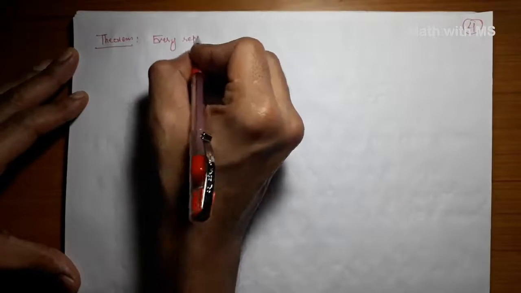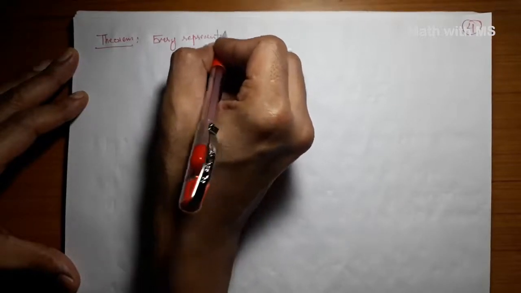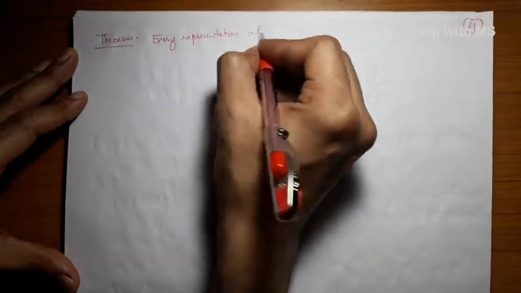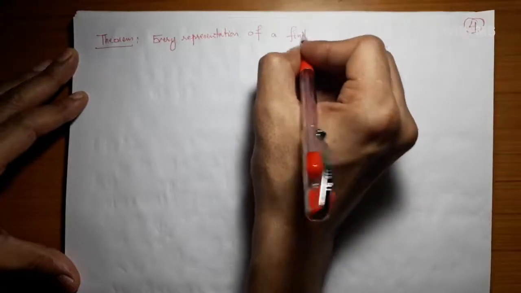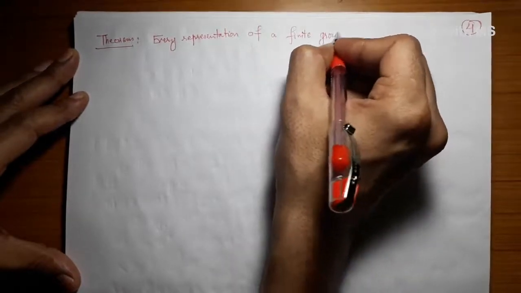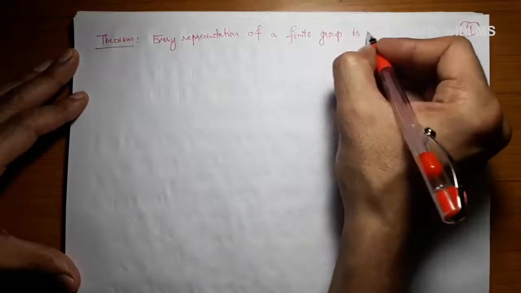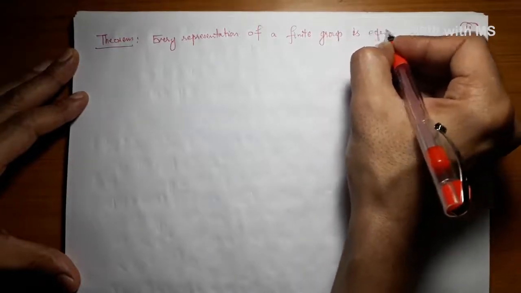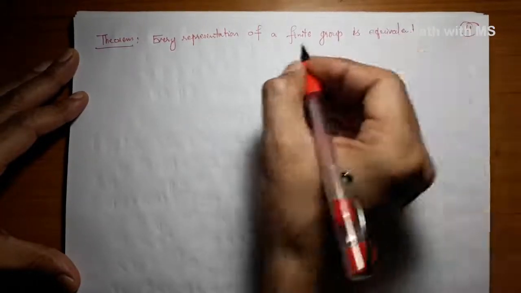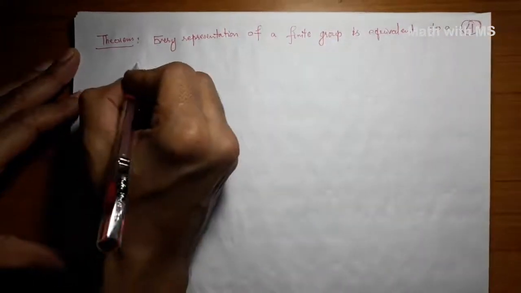Every representation of a finite group is equivalent to a unitary representation.